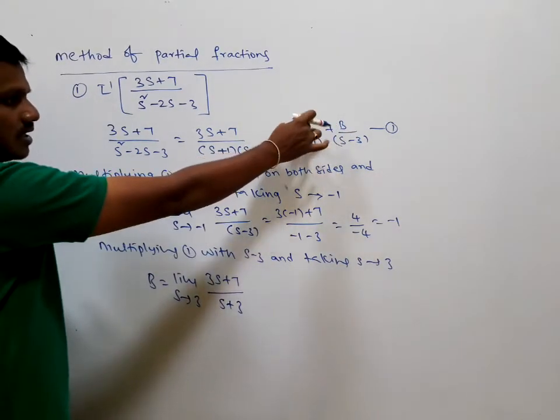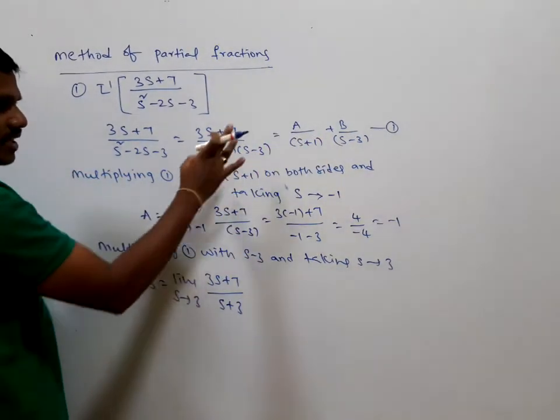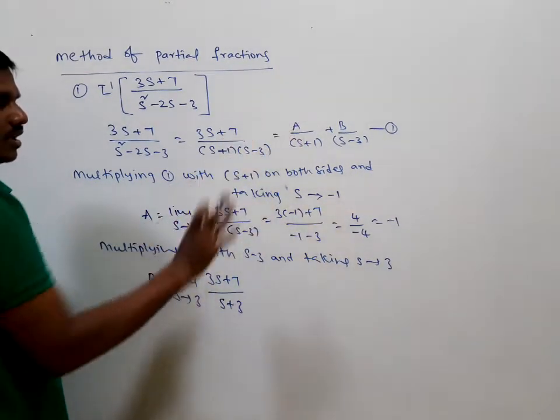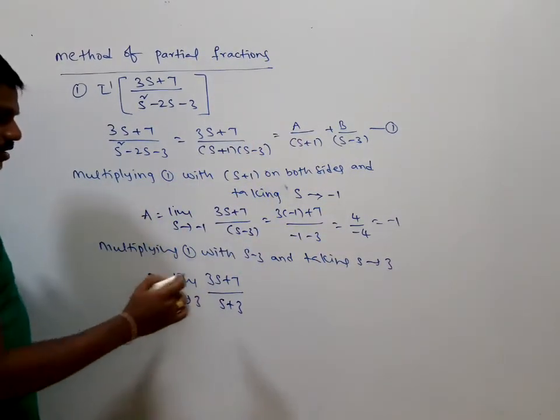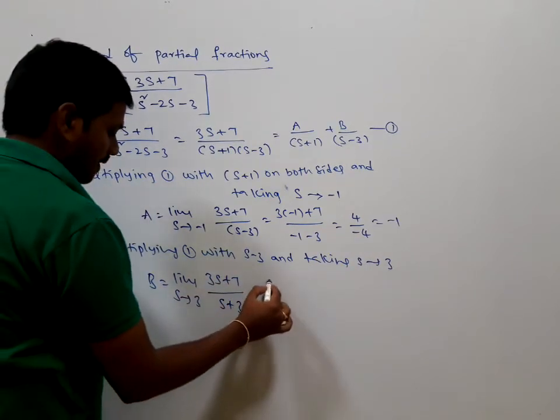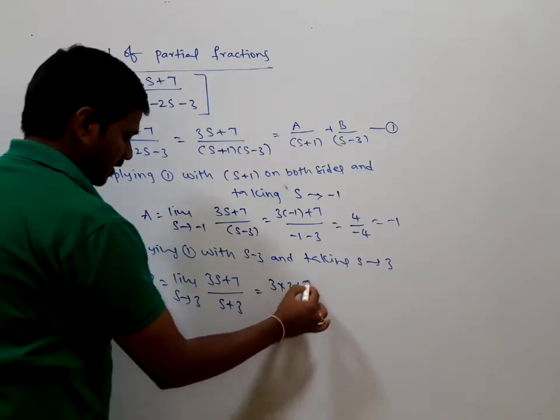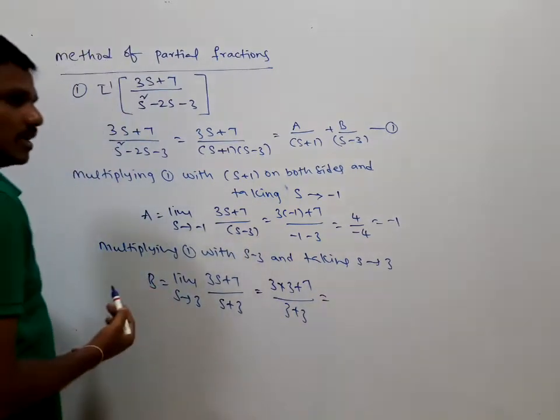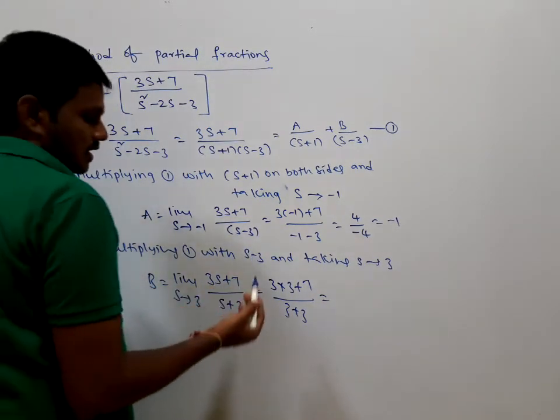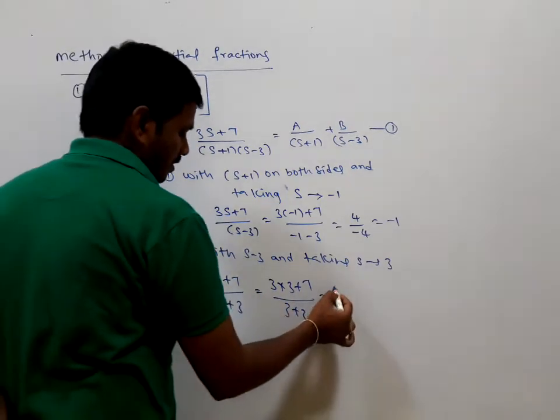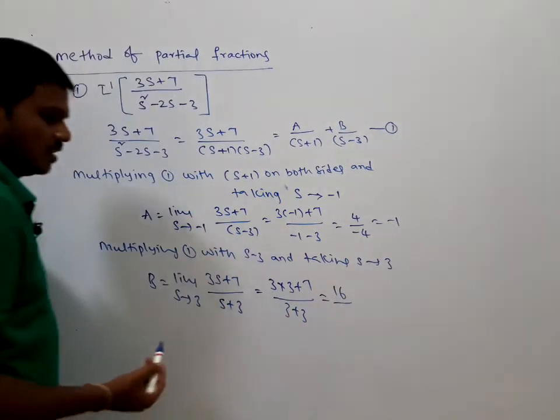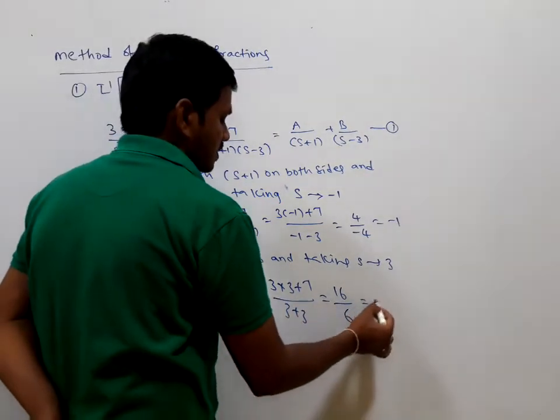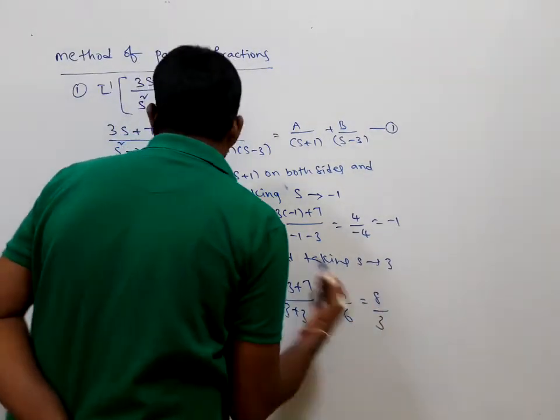We don't get the first term, because when we multiply with (s minus 3) into A divided by (s plus 1), with s tends to 3, it becomes 0, only the second term we have.